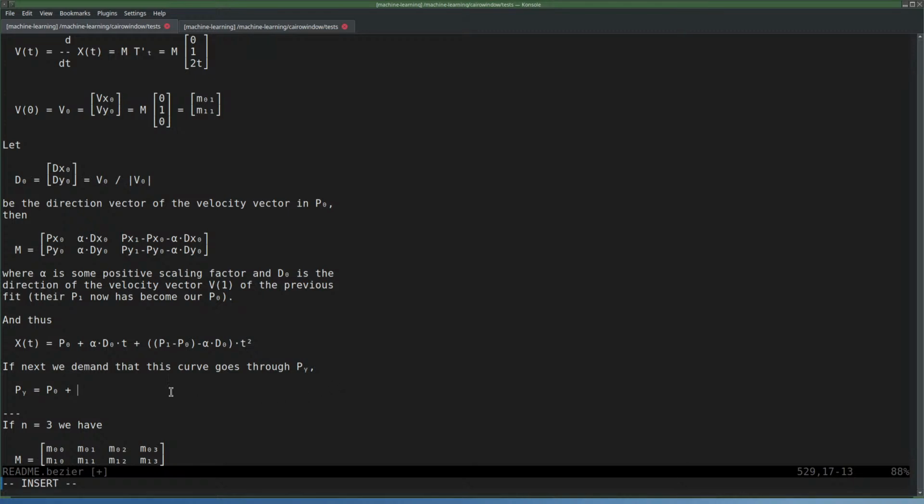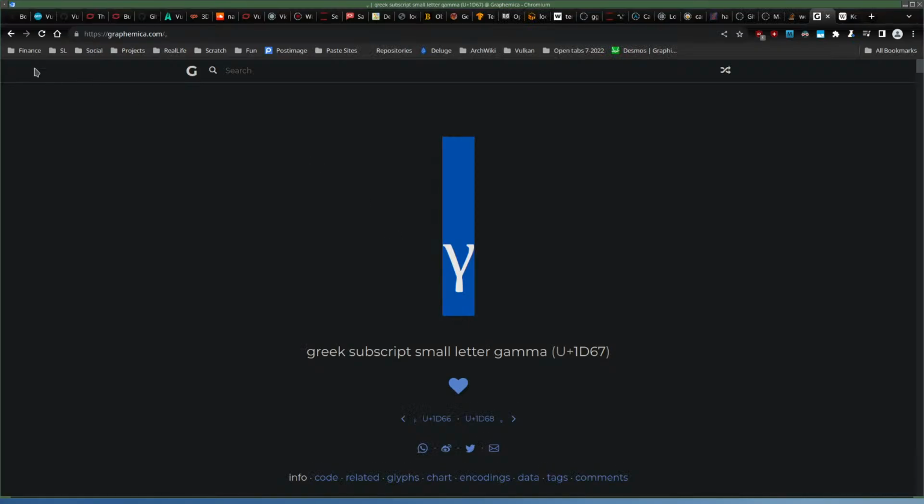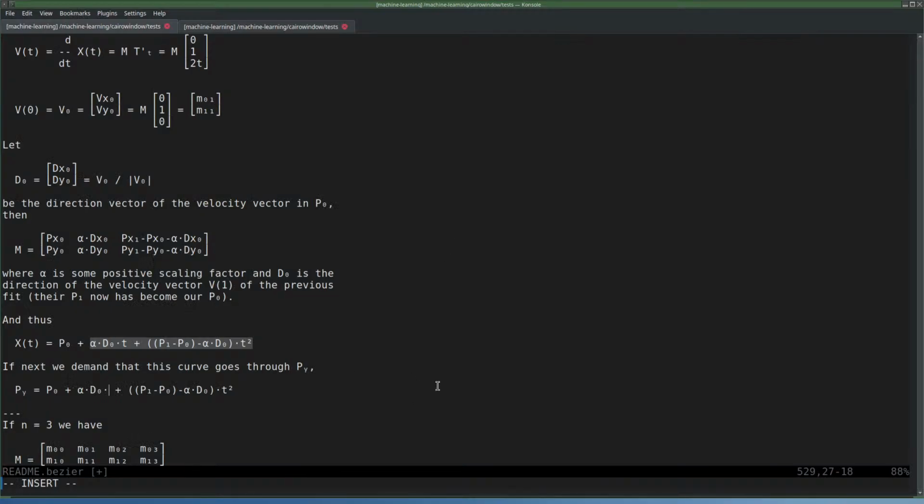Except that, of course, we don't know the t then. I'm gonna solve... Ugh. Well, t is gamma, but we don't know gamma. So now I need comma after all. Nope, not that comma.